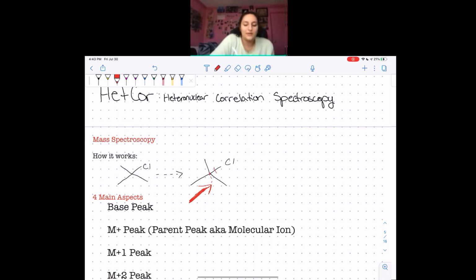That beam is going to cut off different fragments of the molecule, and we get this plus this.